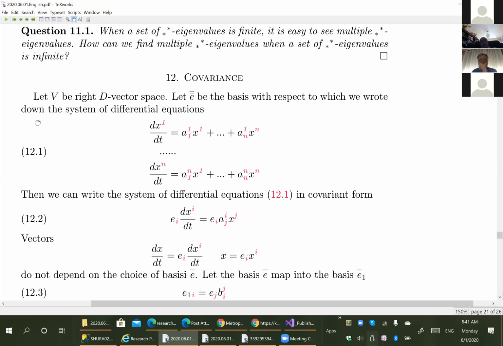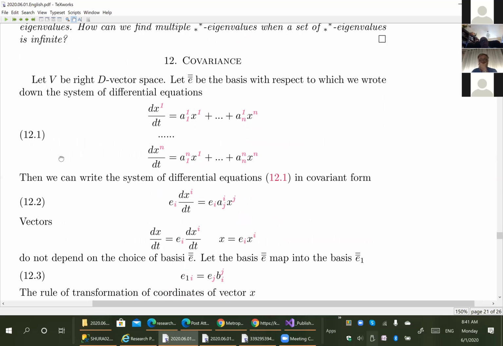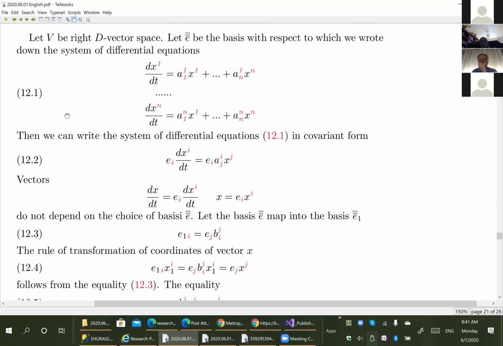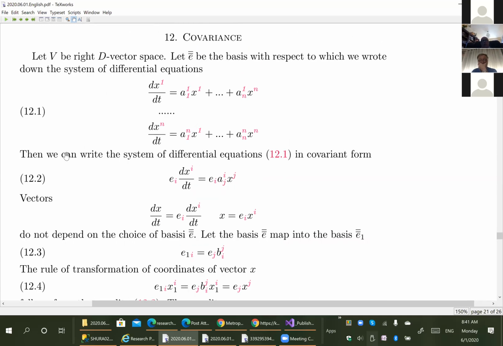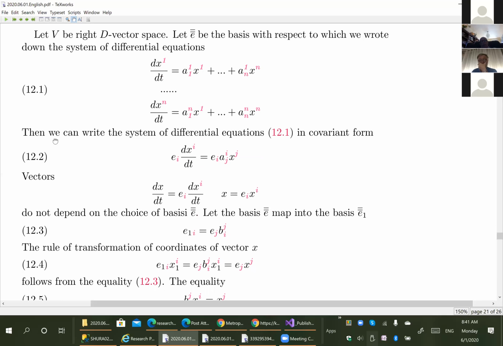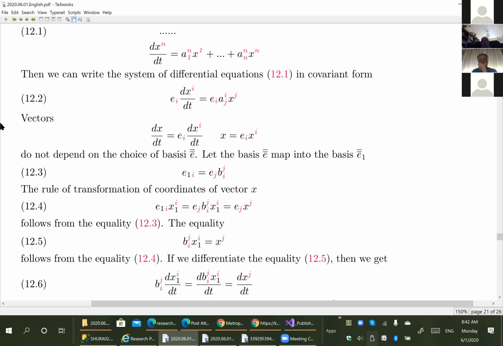If I put the basis here, then ultimately I get that the system has an invariant form, dx/dt equals Ax. But I may change the basis, and if I change the basis, the coefficient of the system also changes. Assume I have another basis, E1, and B is a transformation that maps one basis into another basis.